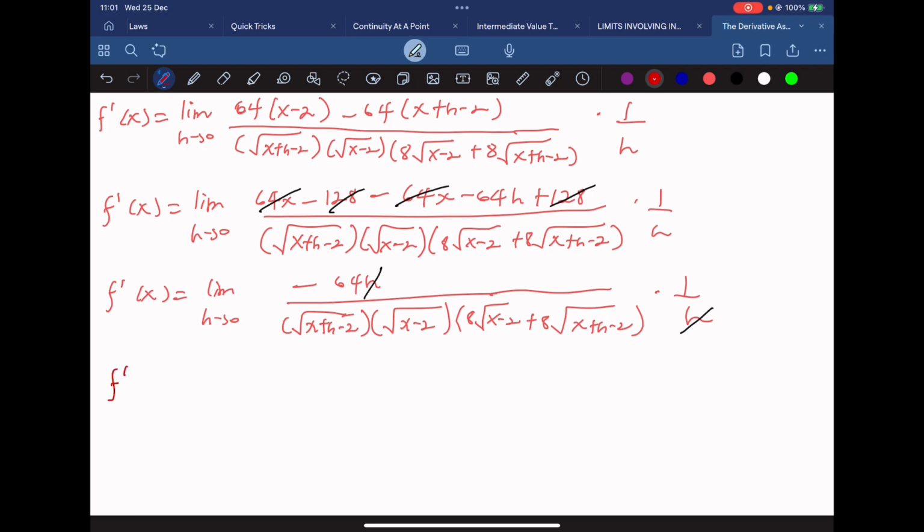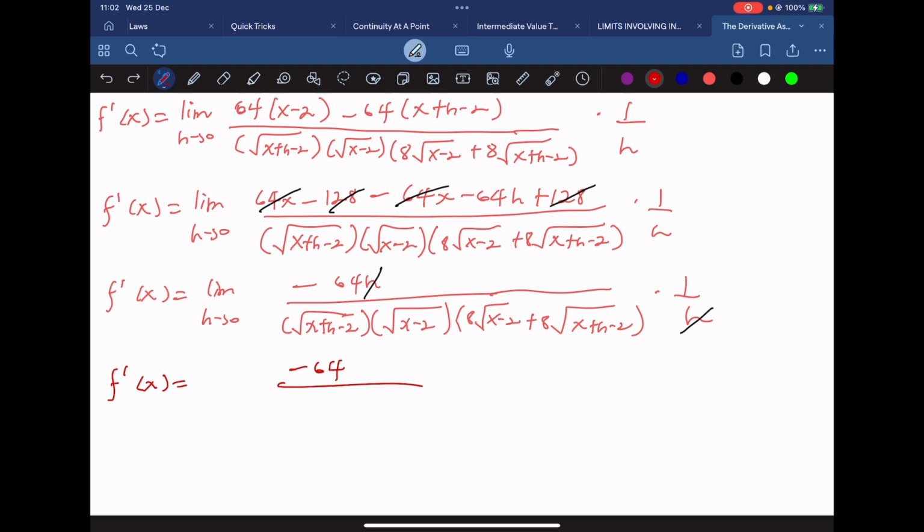So now f prime of x is the limit as h approaches 0. In the numerator, let's just evaluate it, right? In the numerator, we have negative 64. In the denominator, as h goes to 0, this goes to 0, and this also goes to 0.